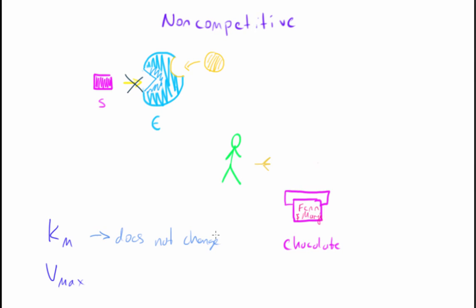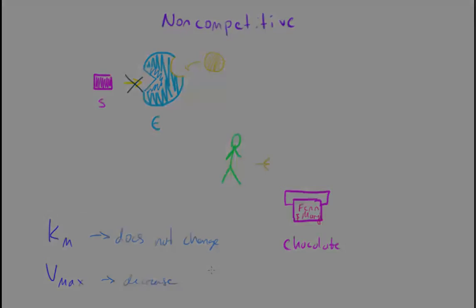Your affinity for that chocolate ice cream has not decreased because you have a fork. Vmax does change because some of these enzymes that are binding to these non-competitive inhibitors are effectively taken out of the picture, so the Vmax is going to decrease. And that is what happens. We see a decrease in the maximum velocity of this reaction because some of the enzymes are now effectively useless.